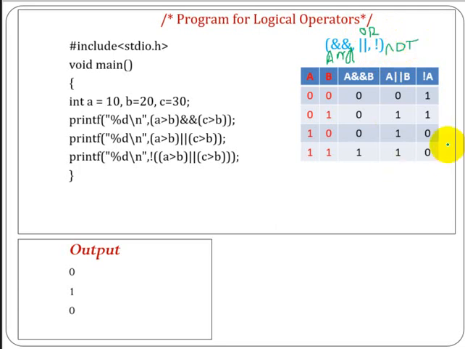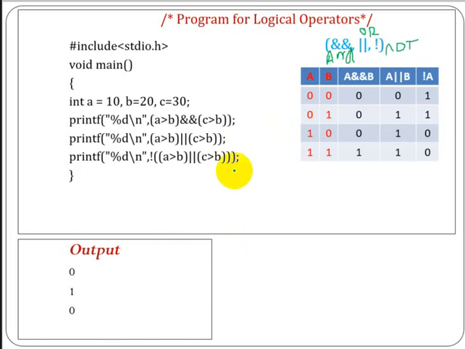Okay. So if you consider the logical operator, you can simply combine any two relational operators. So that is the basic objective where the logical operators are going to be used, to combine any relational operators in order to get our outcomes.